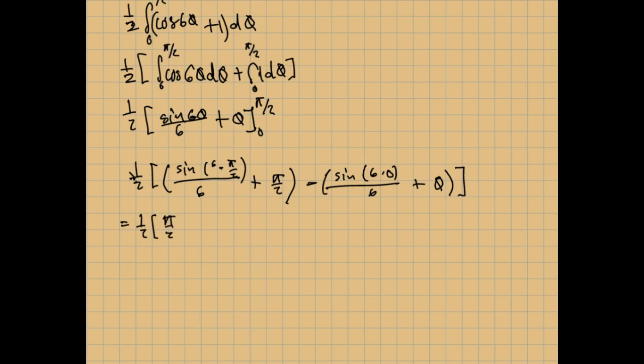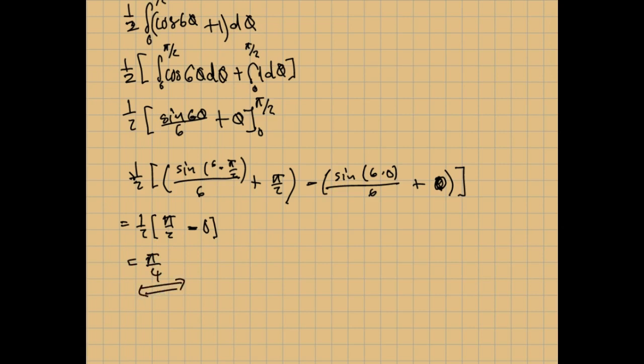Okay, and now I say this minus sine of 6 by 0, which is 0. Sine 0 is 0 again, divided by 6, that's 0. Plus 0. This is 0, not theta anymore, and that doesn't add anything, so it's minus 0. So the final answer would therefore be pi over 4.